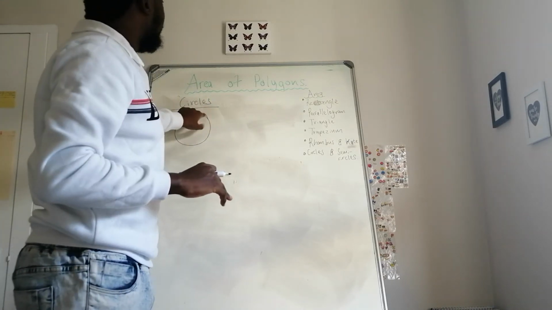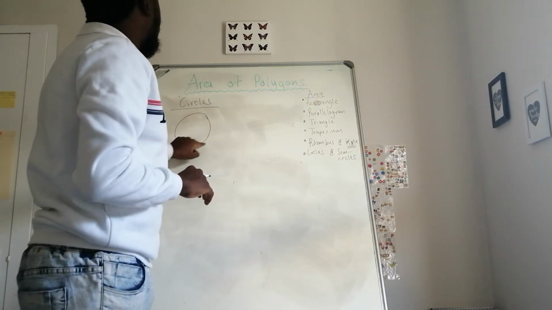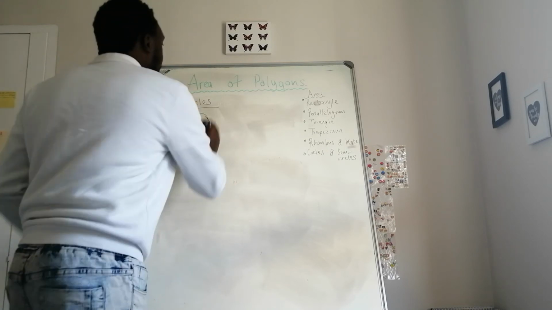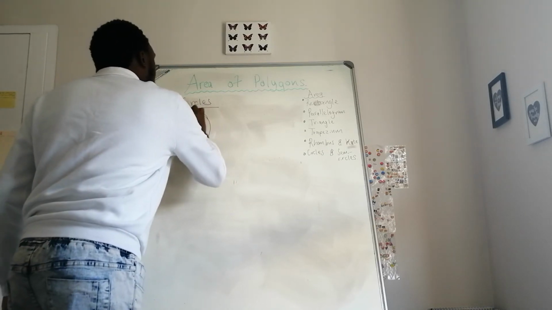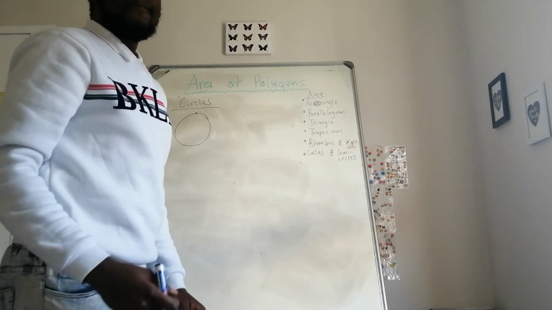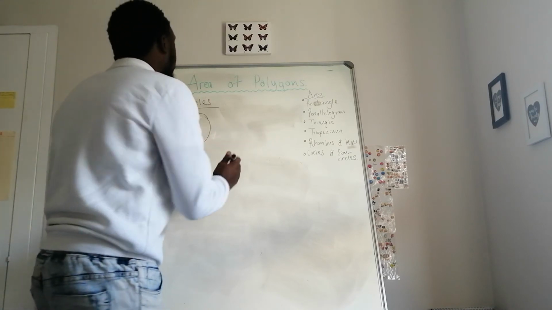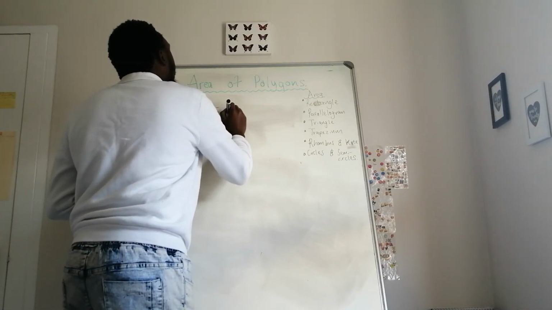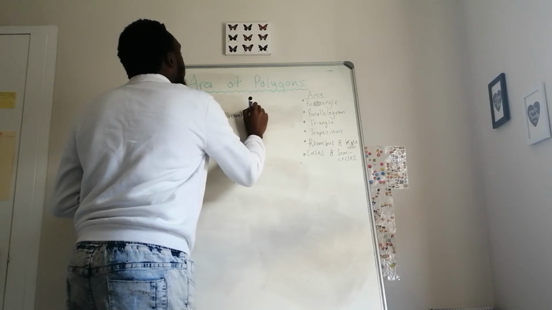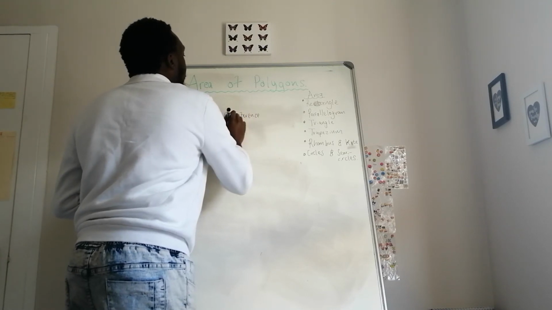If I want to know the distance around that circle, if I stand right here and I walk around that circle and come back to the same point, the distance around that circle is known as the circumference of that circle.